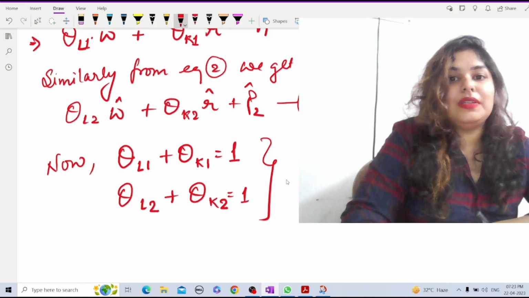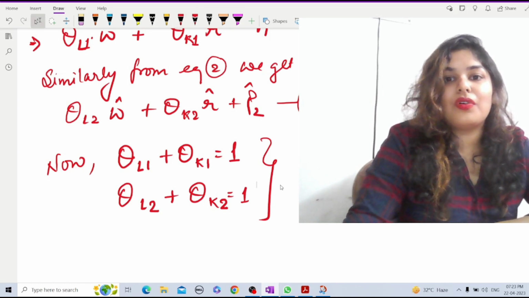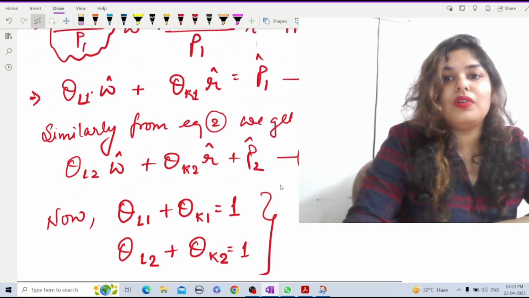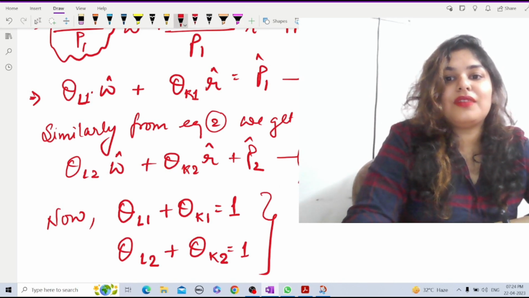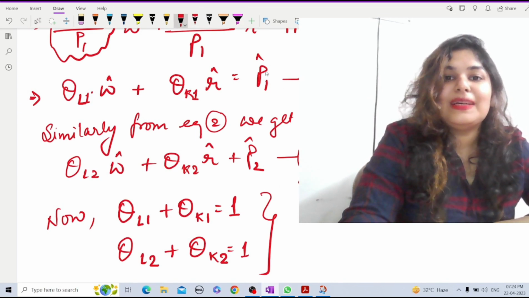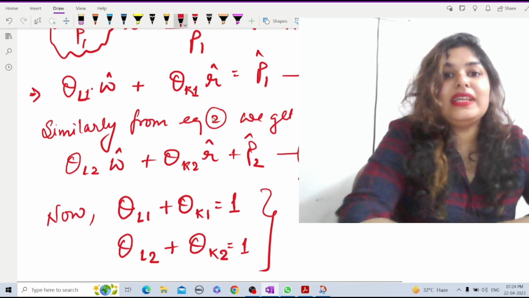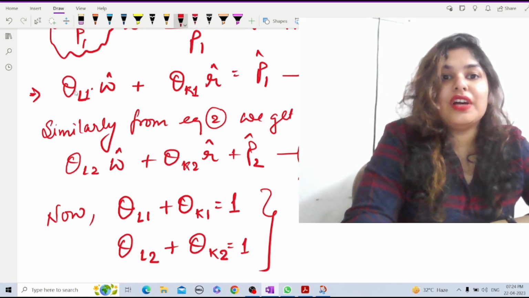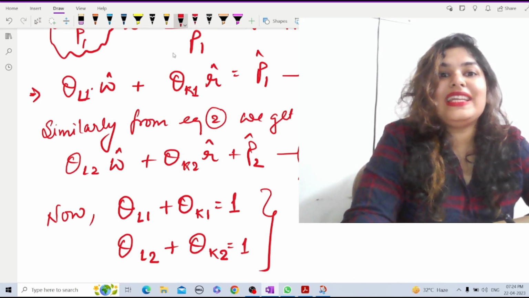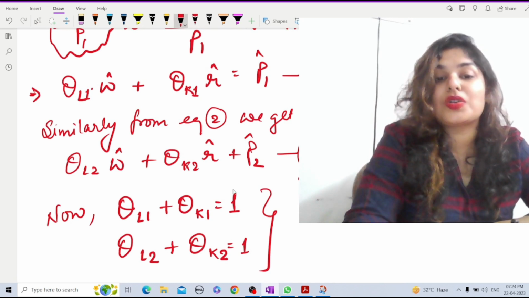So now from equation 3 and 4, it is very clear that P1 and P2 should lie between the wage rate as well as the rental rate of the factors. Then only it will satisfy the share, because P1 is in the share of this one and this one together, which is the total share 1.